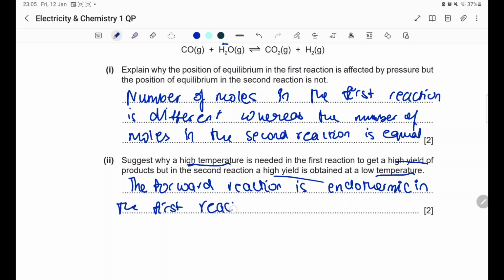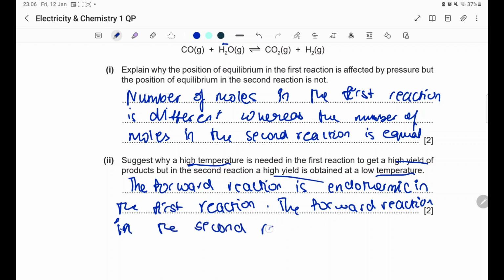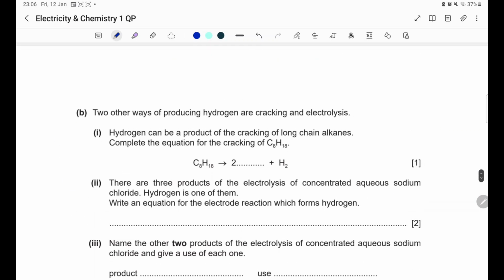And in the second reaction, you're getting high yield with a low temperature, and that happens when you have an exothermic reaction. In the second reaction is exothermic. Okay, moving on.